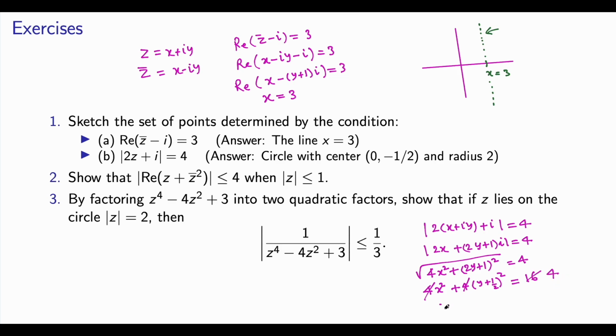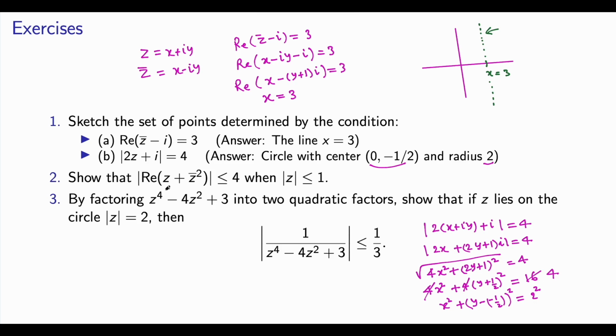What am I going to get? x square plus y plus half, and whole square is equal to 2 square. So this is nothing but the equation of a circle where the center will be 0 and minus half and the radius will be 2.